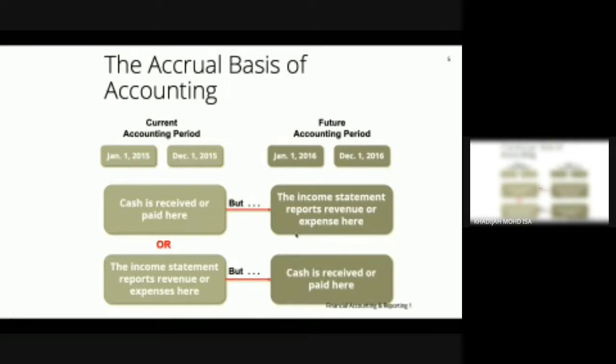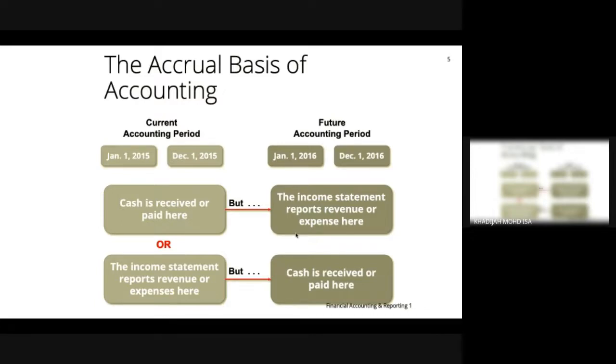It doesn't matter whether cash has been received or not. So the problem here is that cash is received or paid. Sometimes you receive or pay cash during the period, but the goods have not been sold, or the expenses have not been incurred.